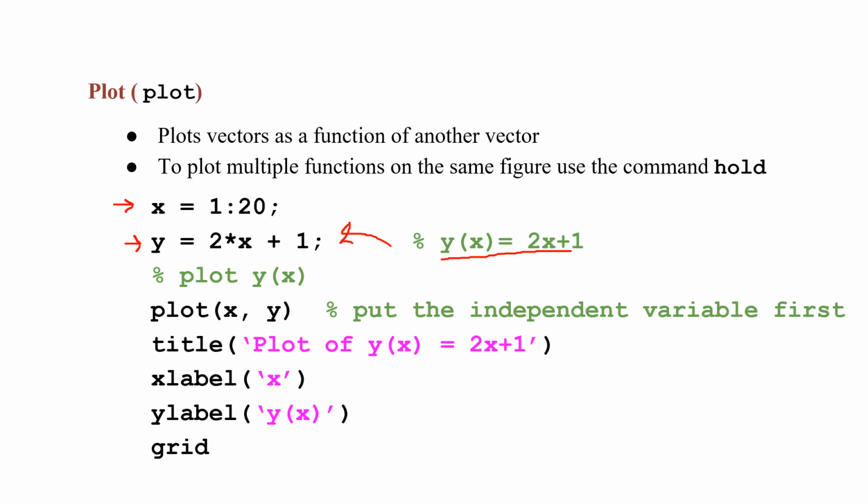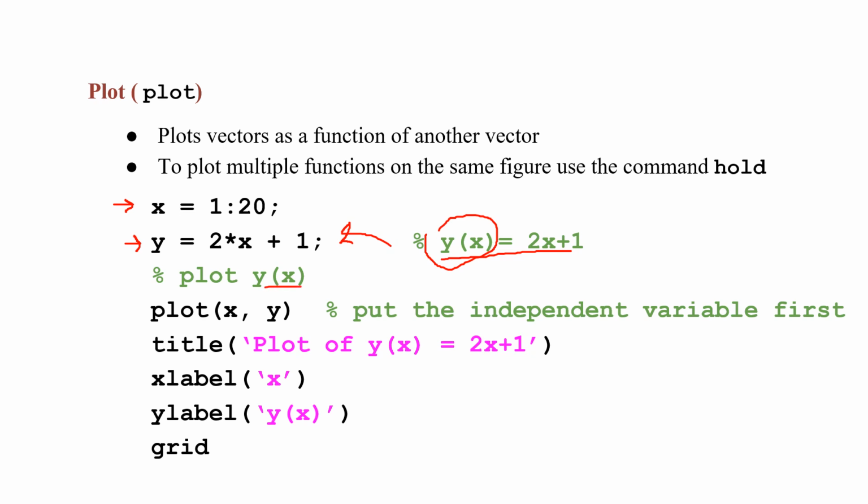And y of x is simply y is equal to in MATLAB, because otherwise it could mean that you want to extract the x element in y, or the element lying at index equal to x. And that's not what we want to do. What we want to do is simply evaluate an array named y such that it's equal to 2 times x plus 1, meaning 2 times each element in x plus 1. So the size of y will be equal to the size of x.